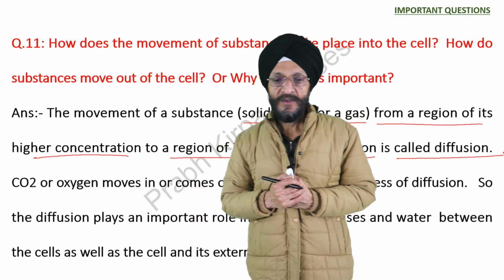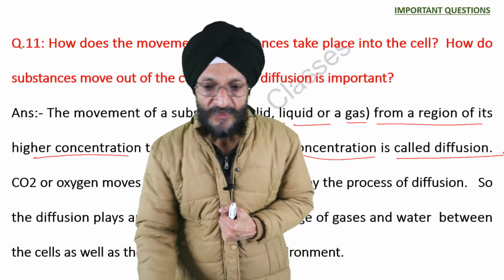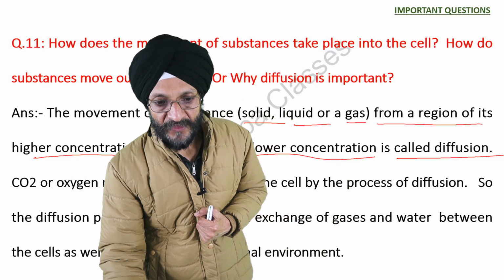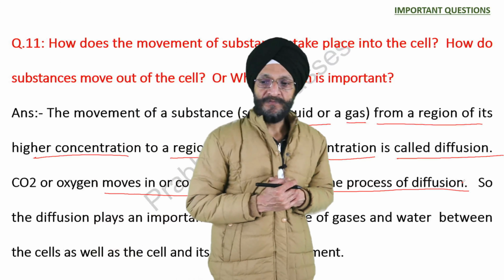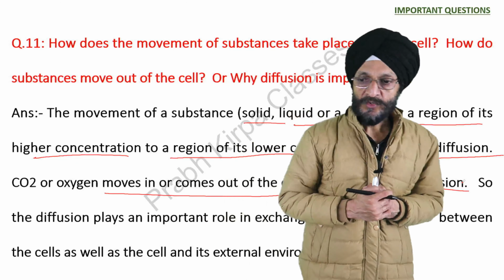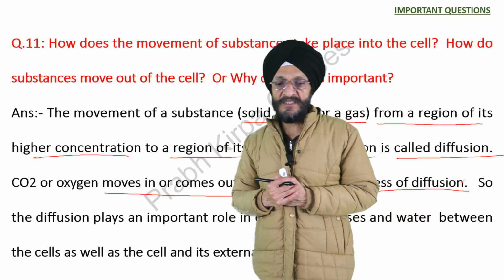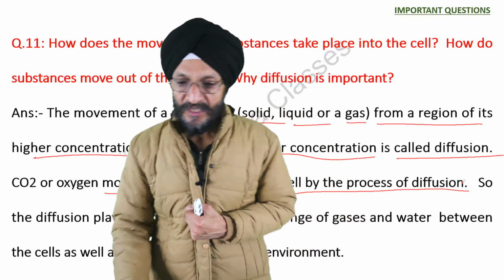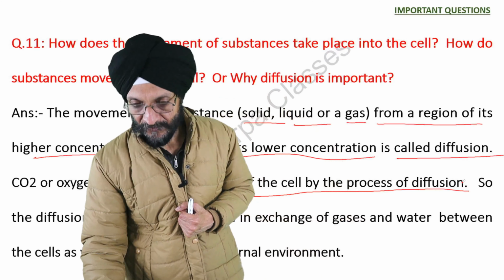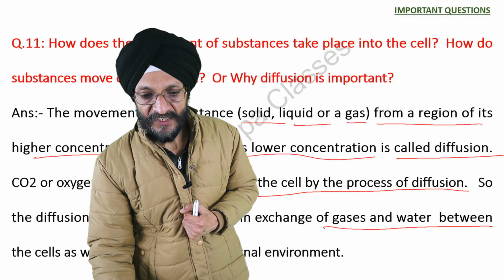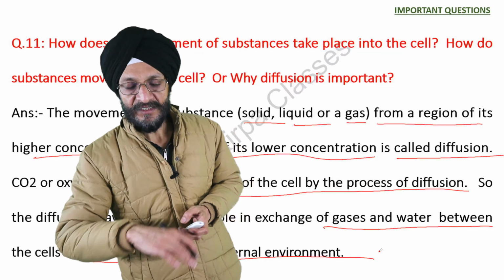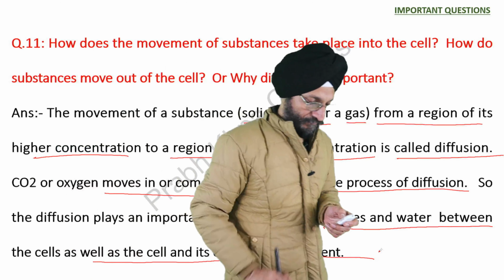Carbon dioxide or oxygen moves in and out of the cell by the process of diffusion. So diffusion plays an important role in the exchange of gases and water between the cells as well as the cell and its external environment.